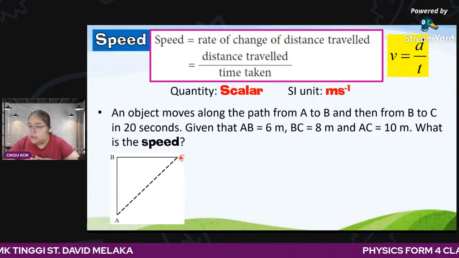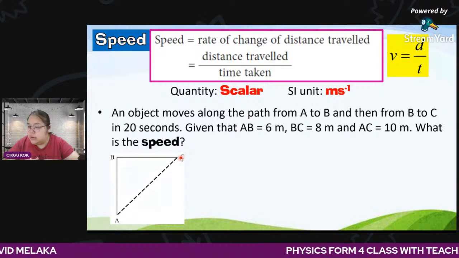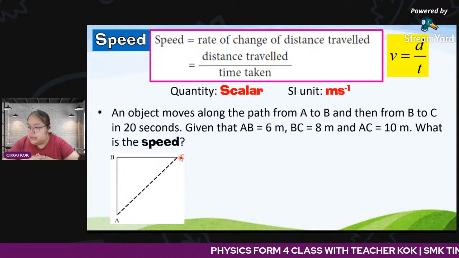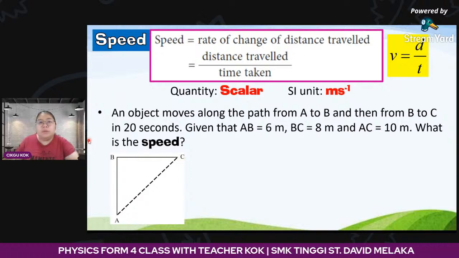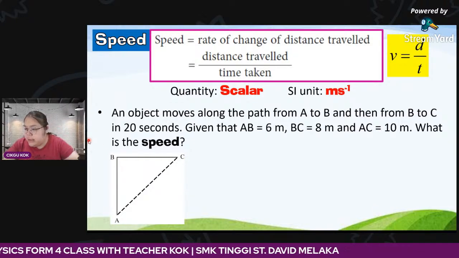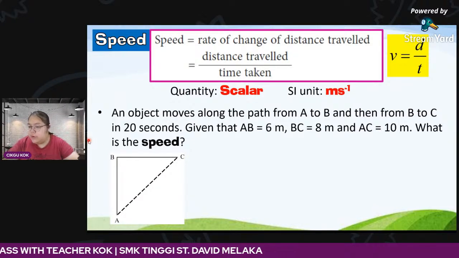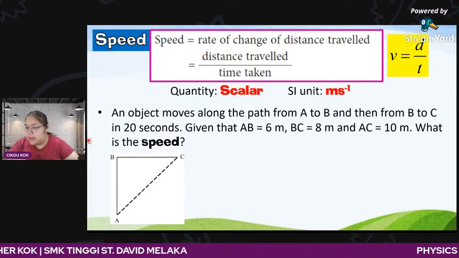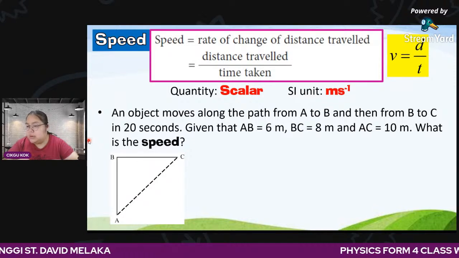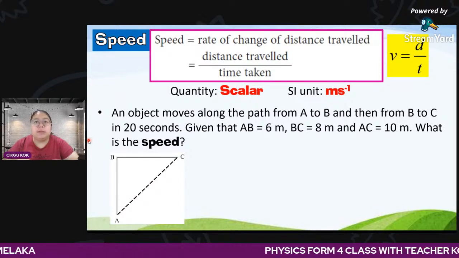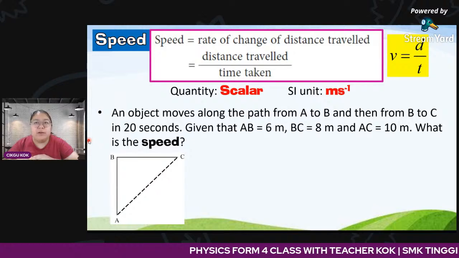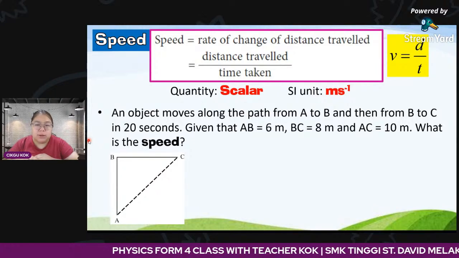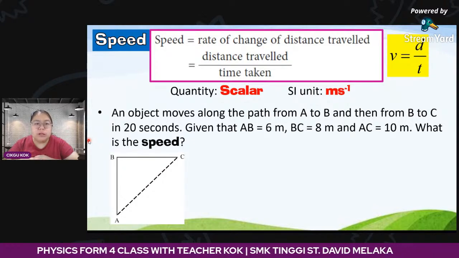Okay, we check whether any student can answer. Still not yet. We got some students already here. Okay, we got Swen, Aina, Theo, Sarah, Lim Si Liang. Si Liang gives me 0.7 meter per second. So we're supposed to be using speed, is it?